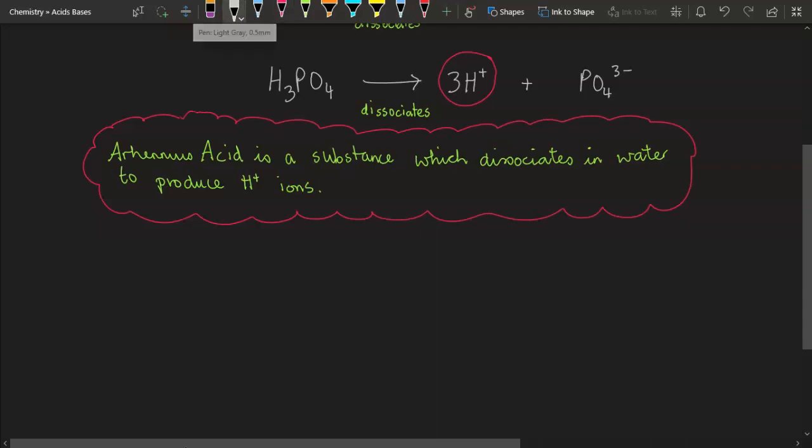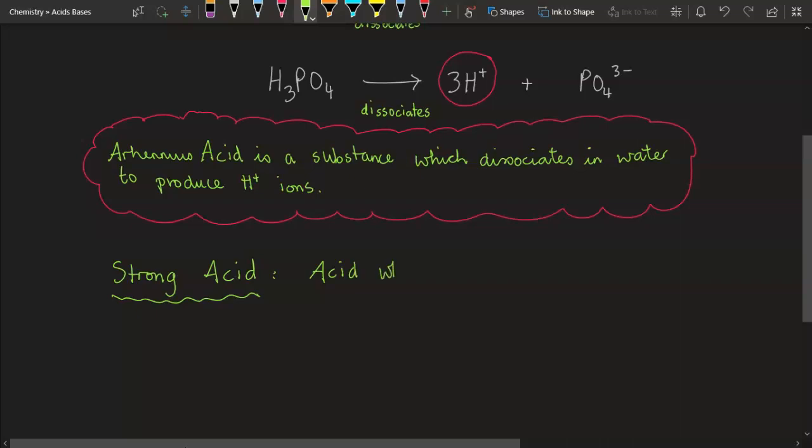Now, then we've got to look at what strong acids and strong bases are. And this is again within Arrhenius's definition. So a strong acid is the first one that you've got to know. A strong acid is an acid which dissociates almost completely.